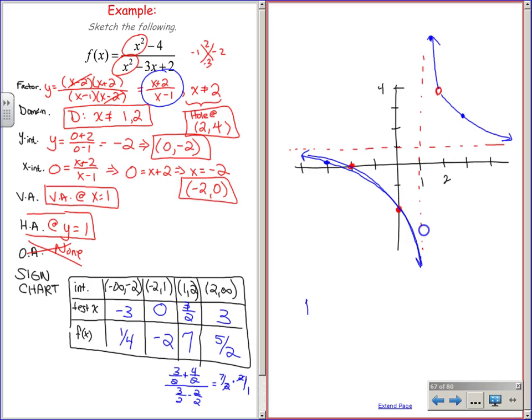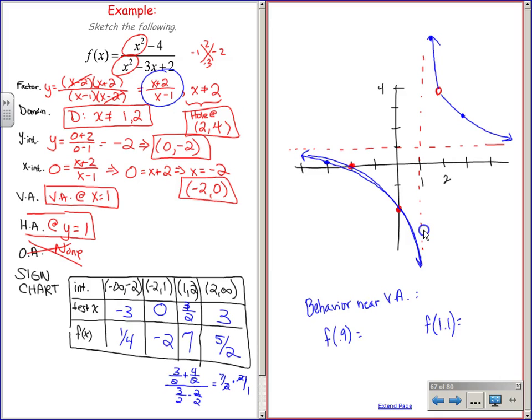We could double check that our behavior near the vertical asymptote makes sense. We could test f of 0.9 and f of 1.1 to make sure that going negative and going positive makes sense.